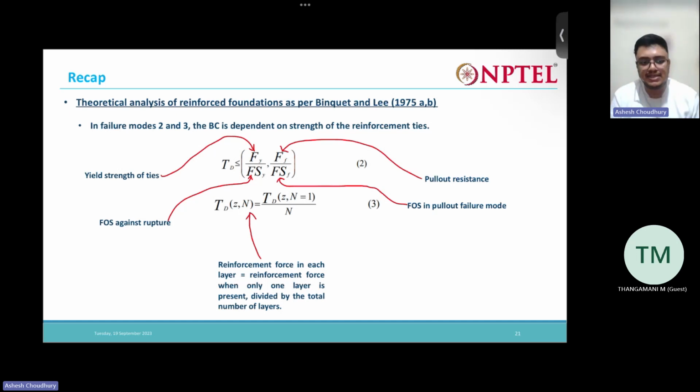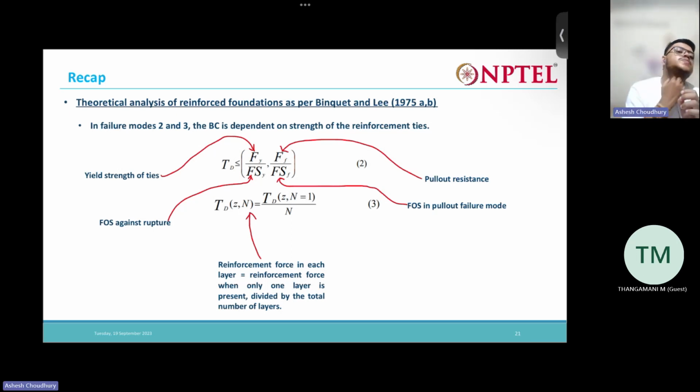What is TD? TD is the reinforcement force in each layer, that is, the reinforcement force in one layer. TD should always be less than or equal to the yield strength of the ties and the pull out resistance of the tie.